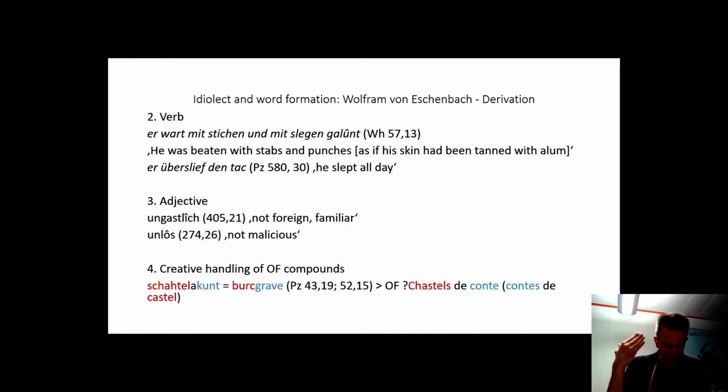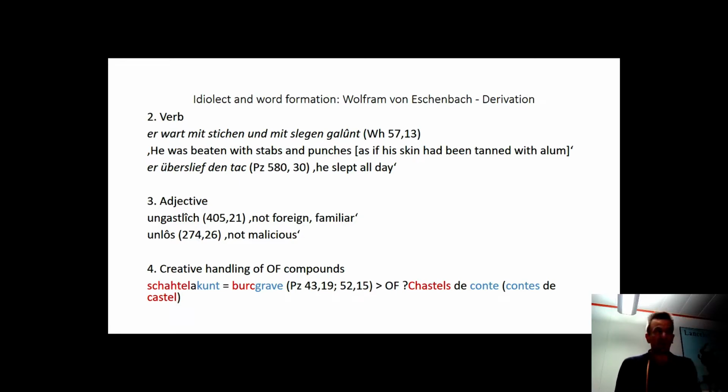That's nothing very spectacular. But finally, an interesting, if rather anecdotal case, where Wolfram fills the German determinative compounding pattern with French word material. Instead of the correct Old French Comte de Chastel or Châtel, he uses the pattern of Middle High German Burggrabe to produce pseudo Old French Charte de la Comte, transferred to modern French Château de Comte instead of the regular Comte de Château.